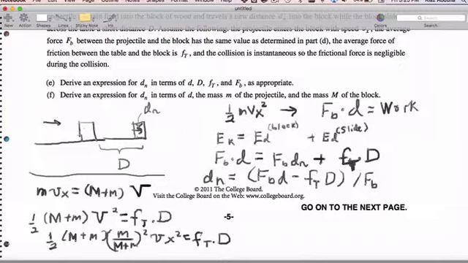One small point: from this point right here, we know that 1/2 mVx squared equals Fb times d. So I'm going to substitute Vx squared equals Fb times d times 2 over m into this expression here, and I'm going to actually do that substitution.